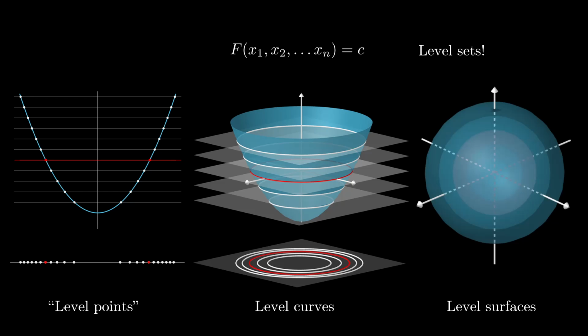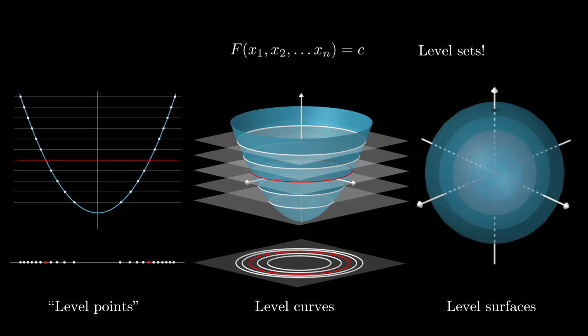So what we are seeing right now is that we can treat our implicit surface as simply a level set. What level set? It is the zero level set, because if I change this c by 0, I have f of x1, x2, and so on up to xn equal to 0, and this is an implicit surface or implicit hypersurface.